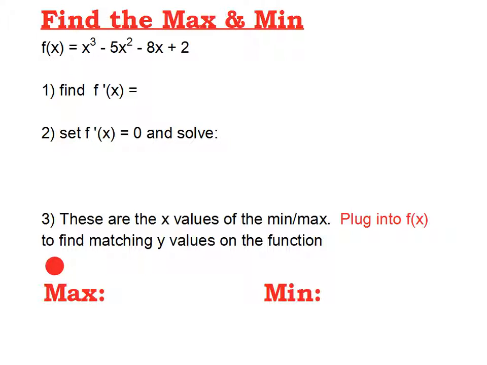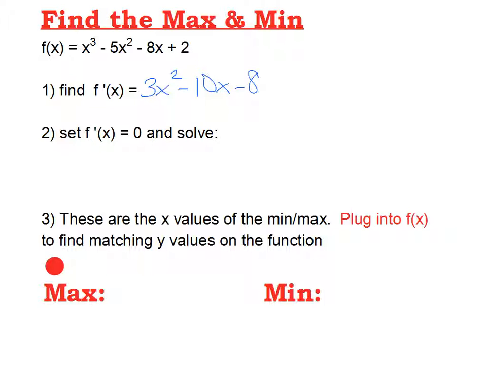Now, I gave you a function here, and I decided to make it a cubic. It's a nice polynomial function. Let's start off and find the derivative. Since it's a nice polynomial function, we're going to be using the power rule to find the derivative. Looks like we would have 3x squared minus 10x minus 8. That's the derivative.